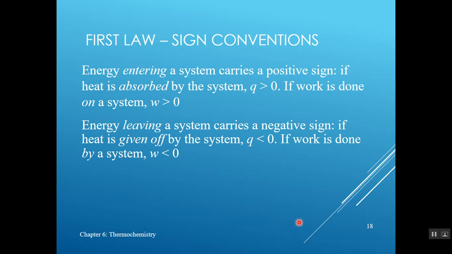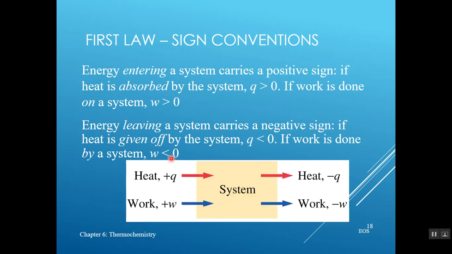And of course, energy can leave a system in one of two ways. One, if heat is given off, in which case Q is negative. And two, if work is done by the system, in which case W is negative. So this diagram below basically summarizes what I just said. These are the two ways that energy can enter into the system: by the addition of heat or work done on the system, or in terms of energy leaving the system, heat loss or work being done by the system.